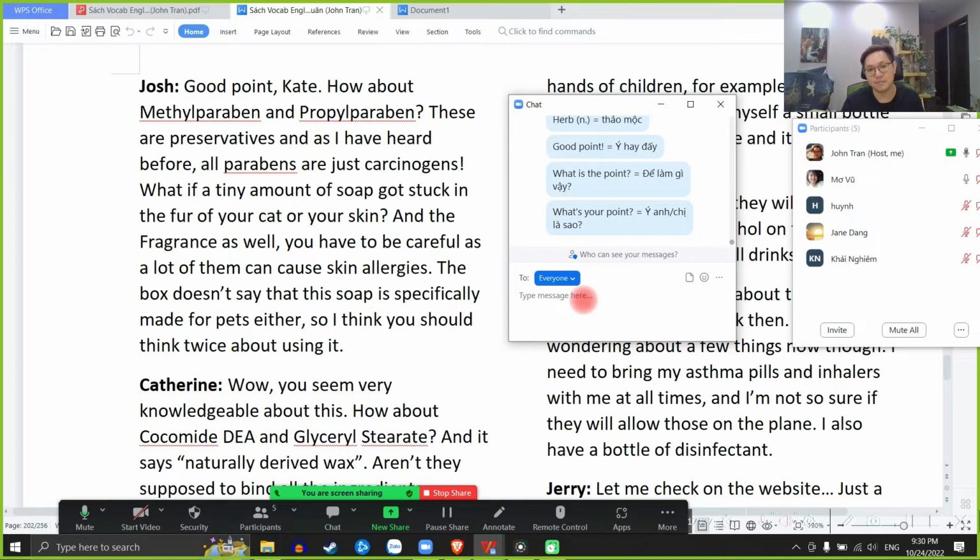How about methylparaben and propylparaben? Those two are preservatives. And as I've heard before, all parabens are just carcinogens.